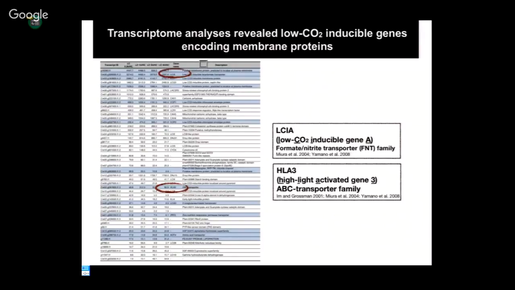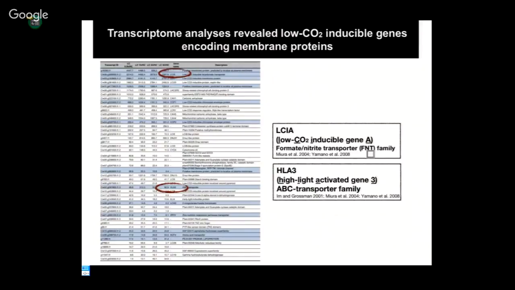So it's a little bit confusing, but anyway, LCI-A is very important for CCM, and it is located in the chloroplast envelope. It has already been analyzed in E. coli, in the formate nitrite transporter family. It looks like it is in the membrane.